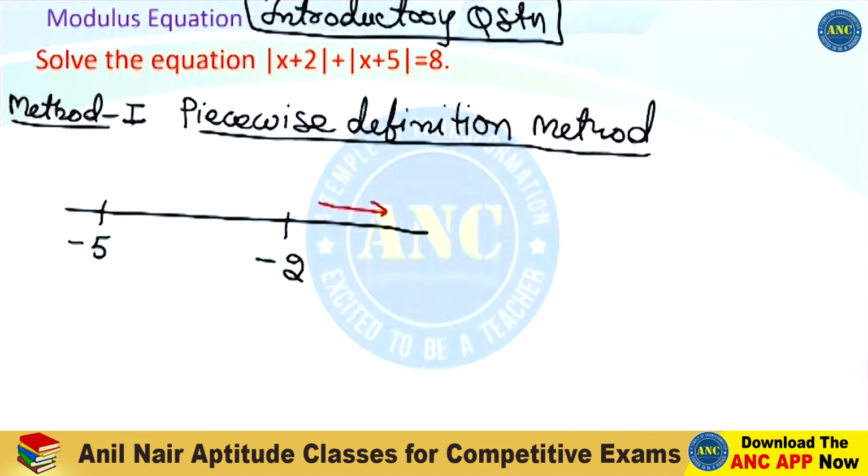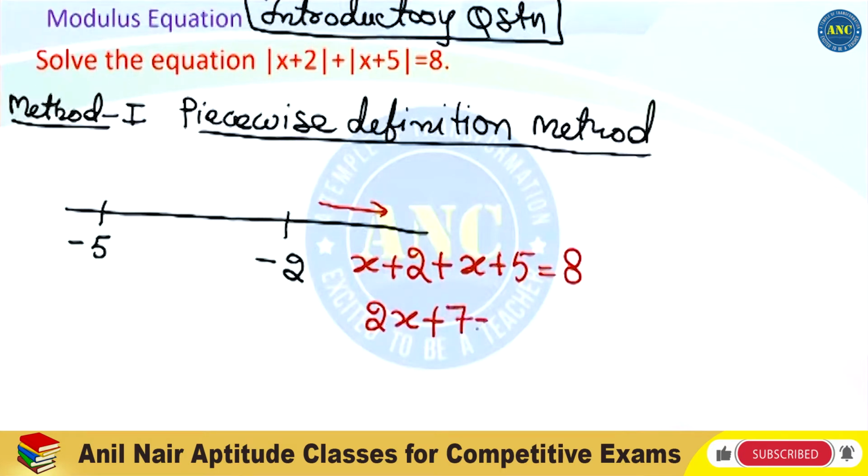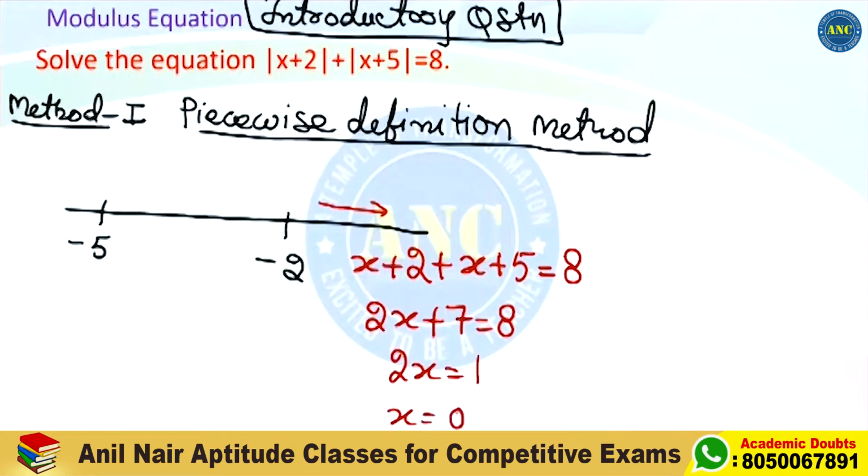Suppose I take any value greater than minus 2, say 0: 0 + 2 is positive, 0 + 5 is positive. So (x + 2) + (x + 5) = 8, 2x + 7 = 8, 2x = 1, x = 0.5. For any value greater than minus 2, inside, if it is positive, I will get positive. I hope the idea is clear.